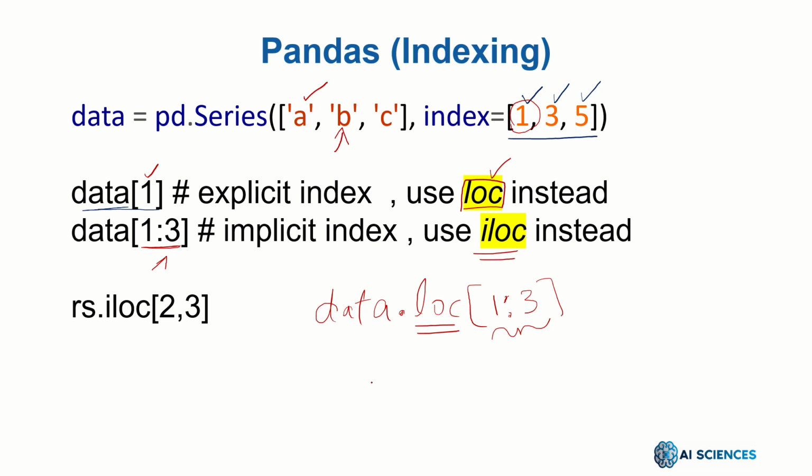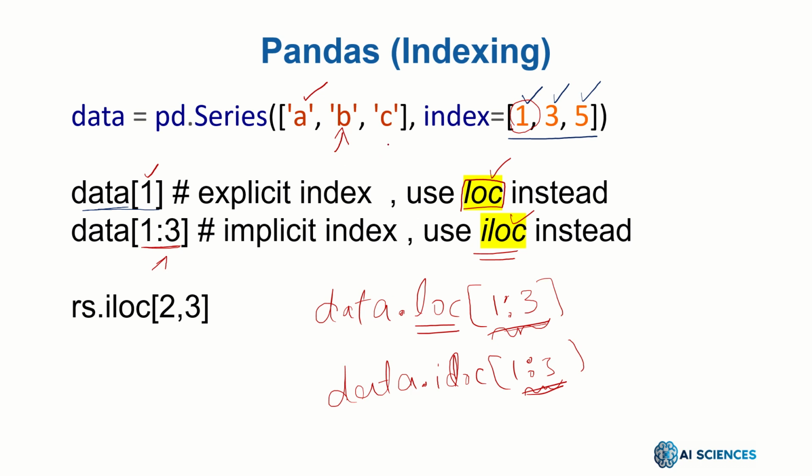On the other hand, if you use iloc, data.iloc, and now you say 1:3, that means use implicit indices. So to differentiate explicit and implicit indices, Pandas provides two functions, loc and iloc, and they are really powerful. Once loc or iloc is called, the rest of the indexing is the same as you have seen in NumPy.